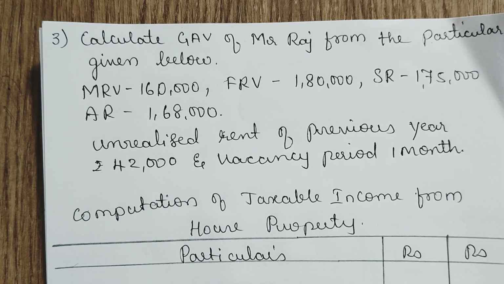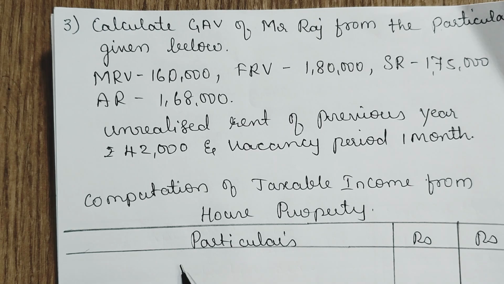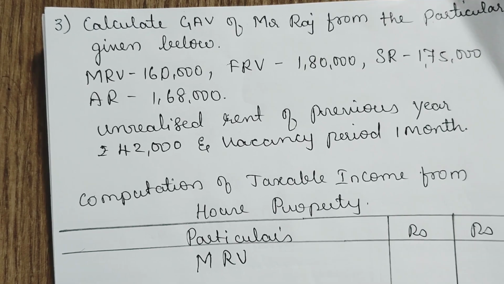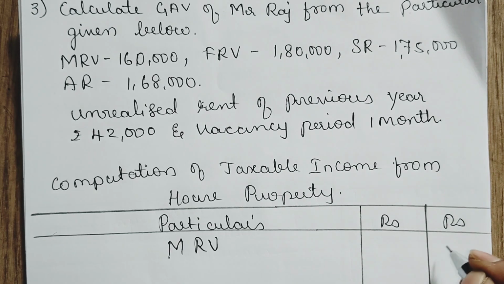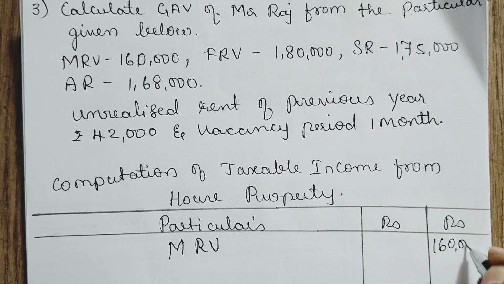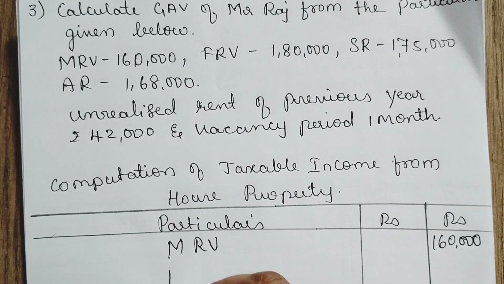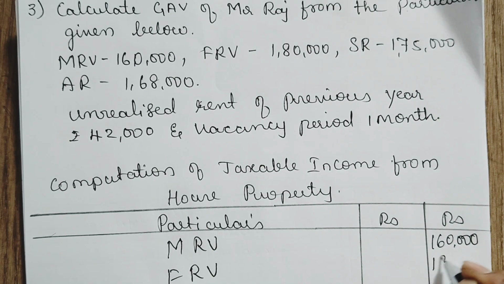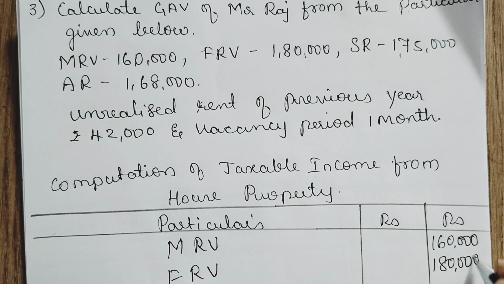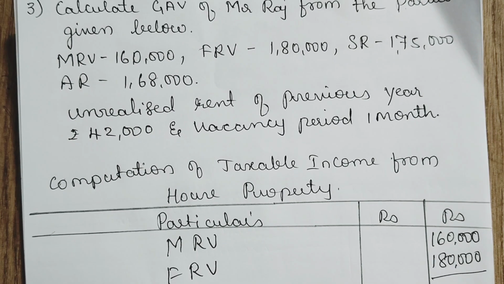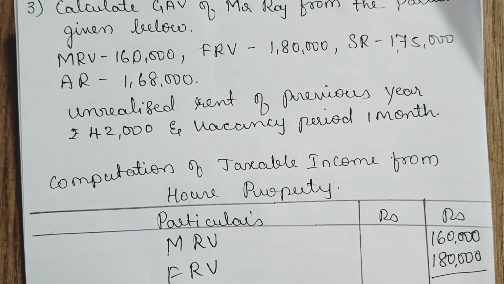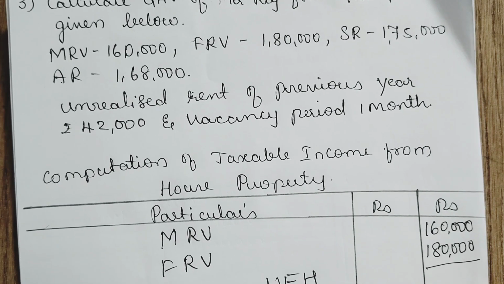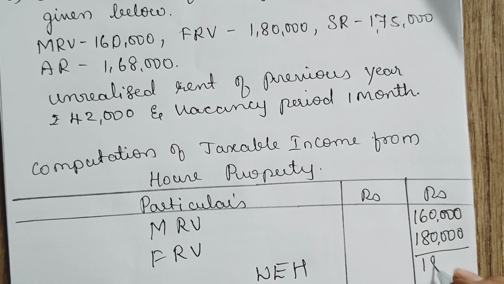Let us calculate now. Okay, so first what are we considering? Municipal rental value. Municipal rental value is 1,60,000. With this you are comparing fair rental value. Fair rental value is 1,80,000. Comparing these two, whichever is higher will be considered. Which is the higher one? 1,80,000.